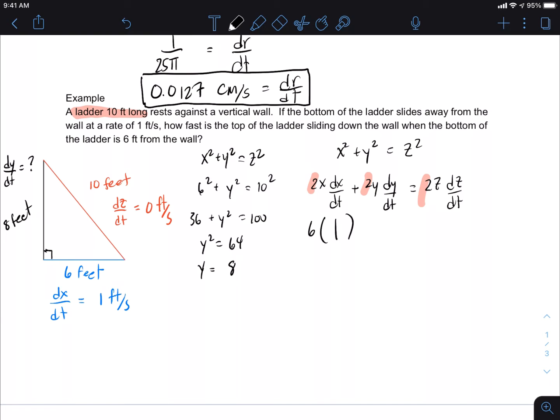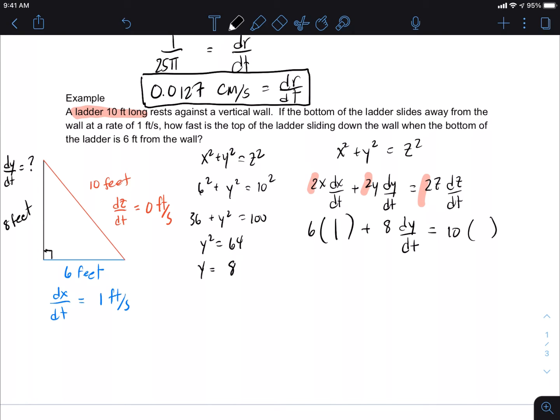It's 1. What is our y in terms of height? It's 8. We don't know dy/dt. That's what we're going after. And z, the length of the ladder, was? 10. Very good. And what was the rate of change?